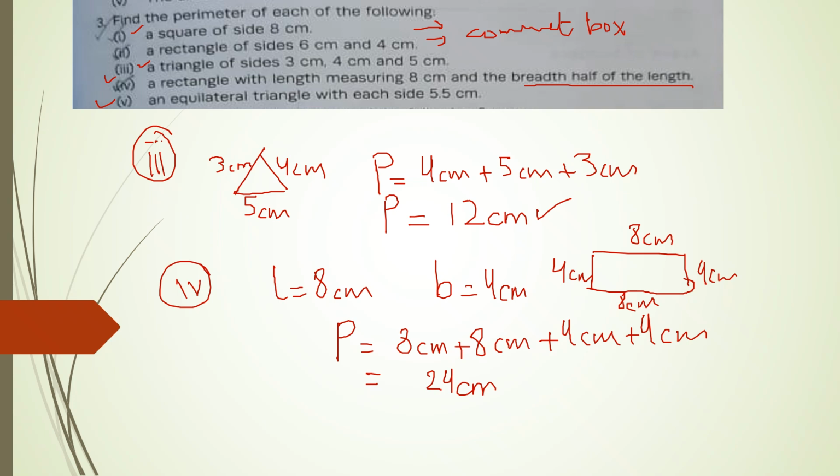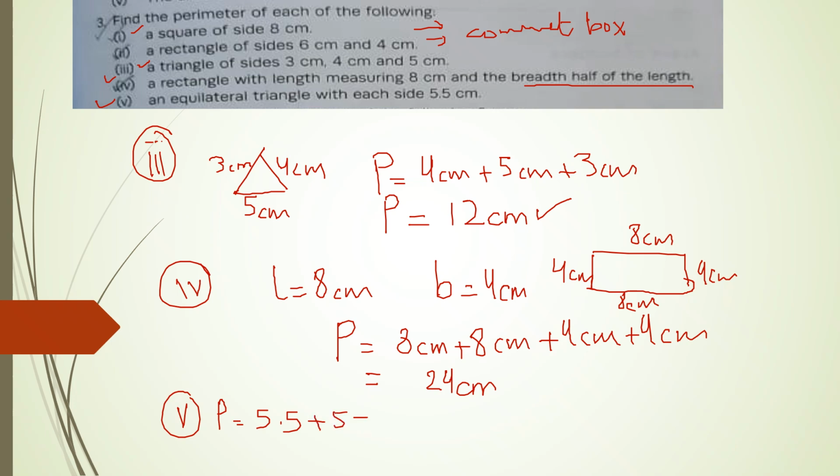Yes. Now moving to part 5, we have an equilateral triangle with side 5.5, and we have to find the perimeter. As I told you in question 1, an equilateral triangle means a triangle with equal sides, right? So if one side is 5.5, the other two sides will also be 5.5.